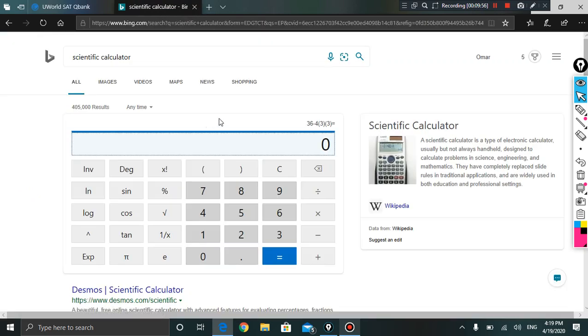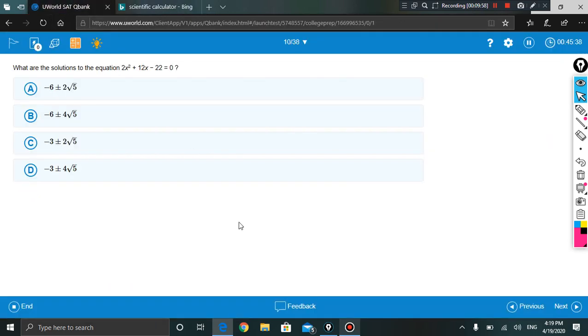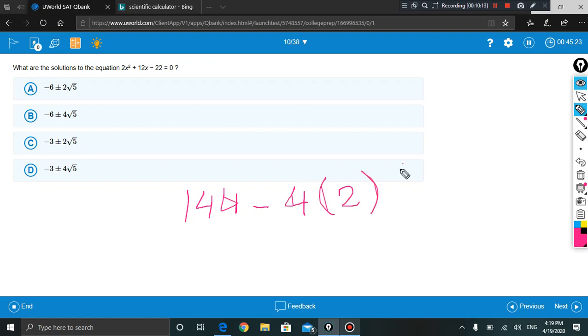The problem is this one does not simplify radicals, so we're going to have to do it. b squared minus 4ac over 4. 144 minus 4 times 2 times negative 22. Let's calculate that.